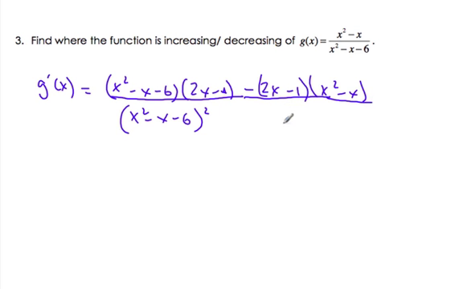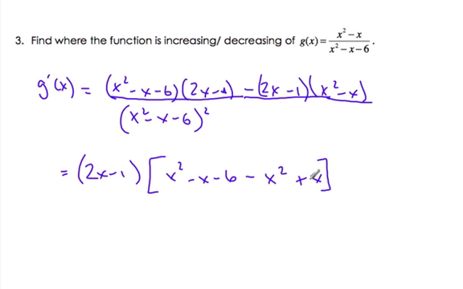Okay, and so I'm going to factor the top part. When I factor the top, I pull out a 2x minus 1, and I have x squared minus x minus 6 minus an x squared plus an x. And this is all over the denominator squared.